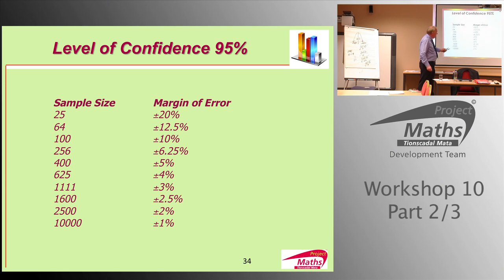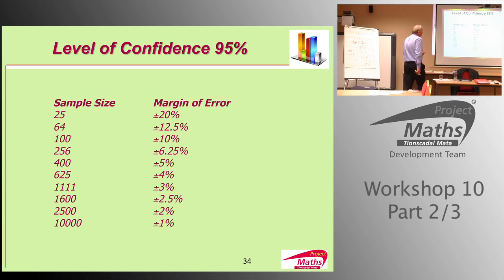So if our sample was 1111, that will give you roughly a 3% margin of error. And that's why in all those opinion polls, they say roughly 1,000 people were interviewed at different points around the country, and it's acceptable at 3%. It's manageable as well, and it's cost effective.